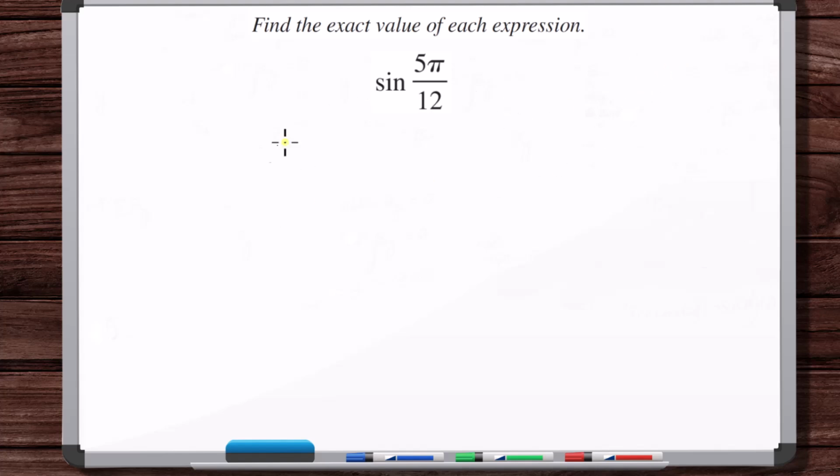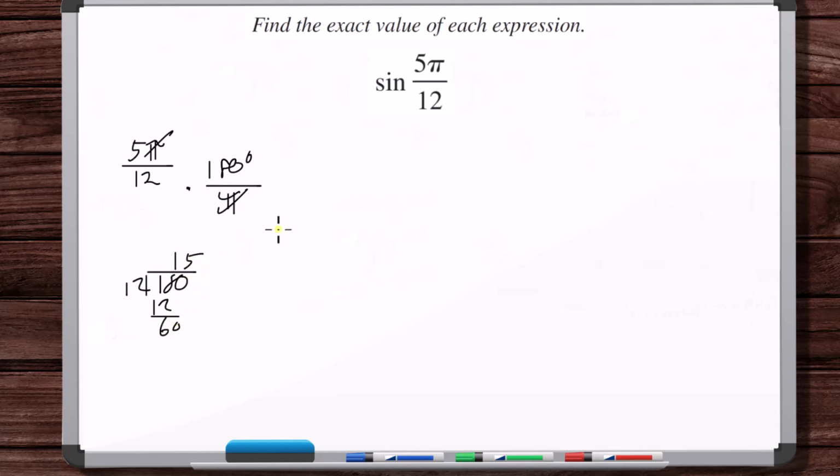Okay, 5 pi over 12. 5 pi over 12 radians times the fact that you've got pi radians for every 180 degrees. So 180 divided by 12, 15. So that's 75 degrees.